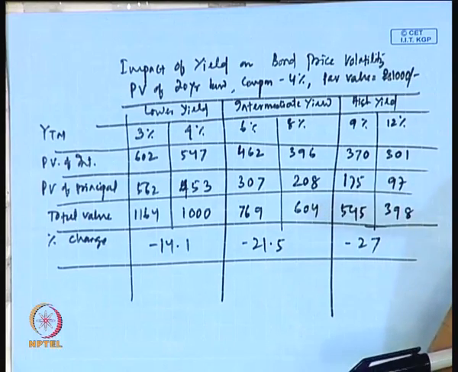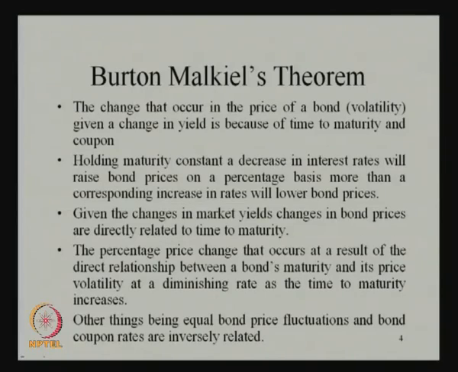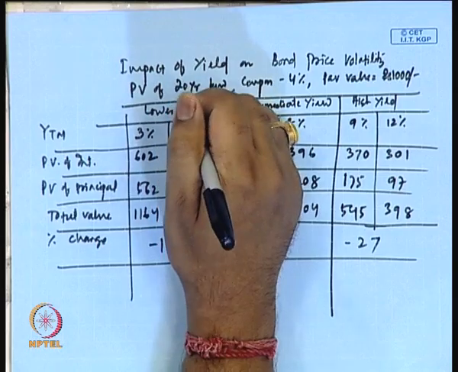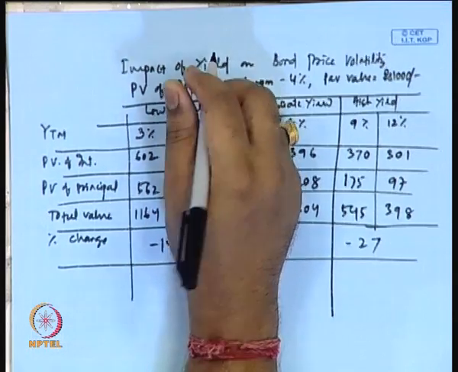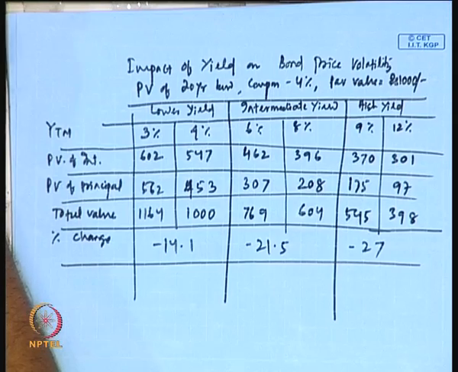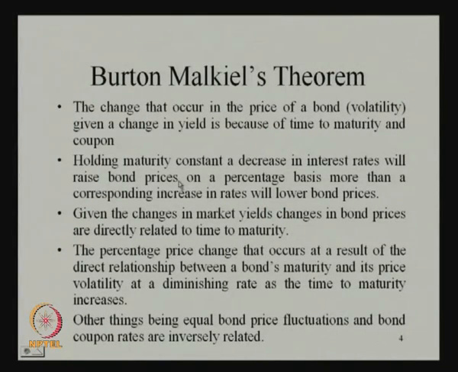So, what we have observed here is that holding maturity constant, your maturity is 20 years, a decrease in interest rates will raise bond prices on a percentage basis more than a corresponding increase in rates will lower the bond prices.